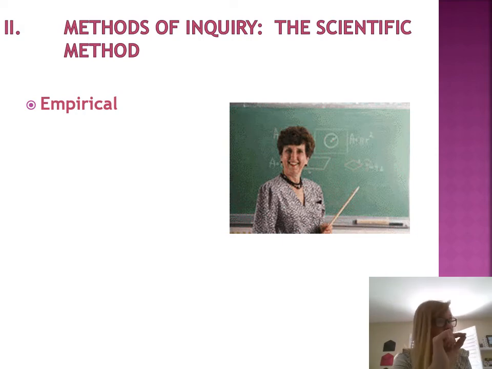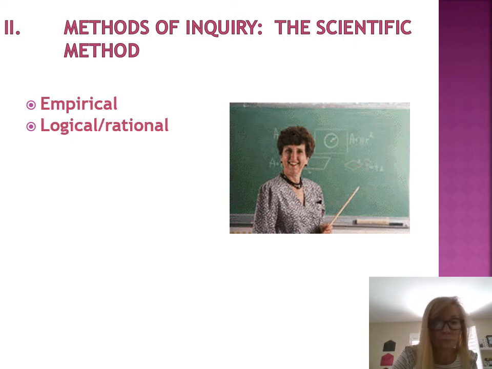As I just said, we convert those inferences into variables that can be directly observed and measured. So it does rely on empiricism. Our knowledge is acquired through the senses. It does follow the format of rationality. We use logic and reason. Our hypotheses are related in an if-then format, and it follows those rules of logic.